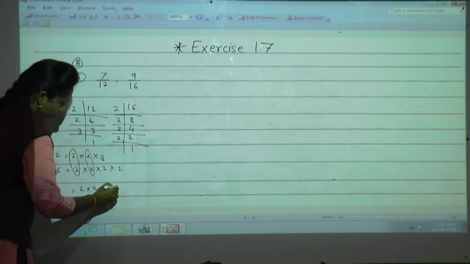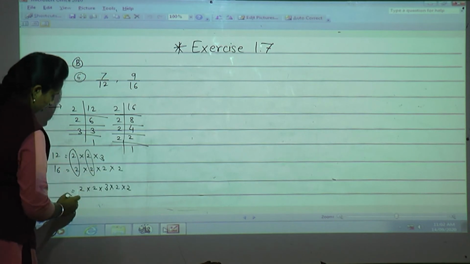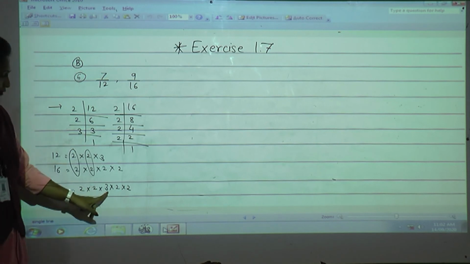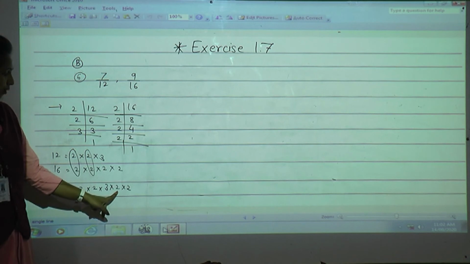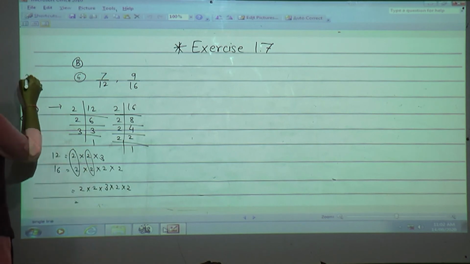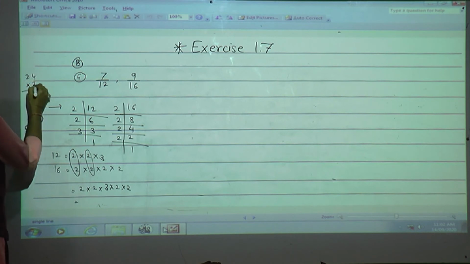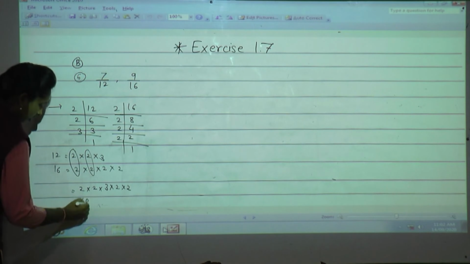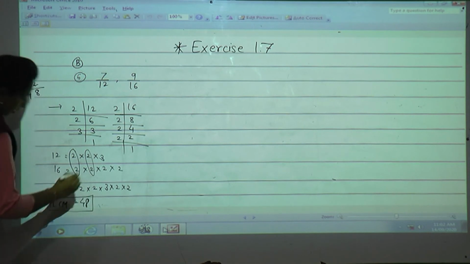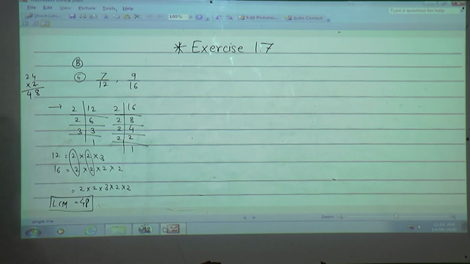So take 2, 2 and 2, these 3 numbers. Now do the multiplication. 2 2s are 4, 4 3s are 12, 12 2s are 24, 24 2s are, if you don't know, just do the rough work. 2 4s are 8, 2 2s are 4, that is 48. What is 48? The LCM is 48.